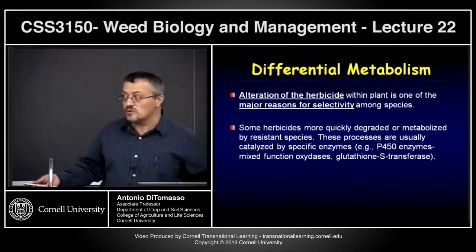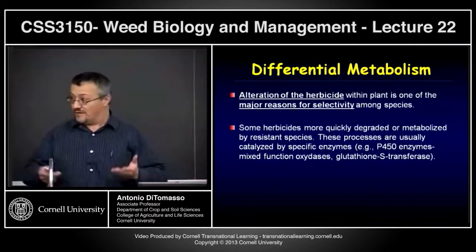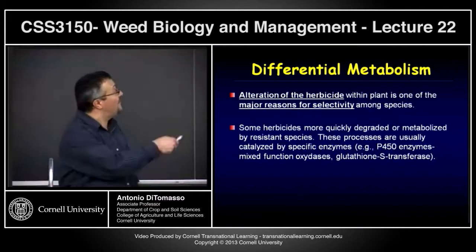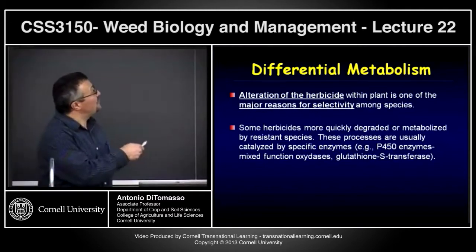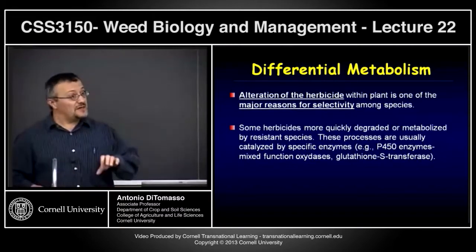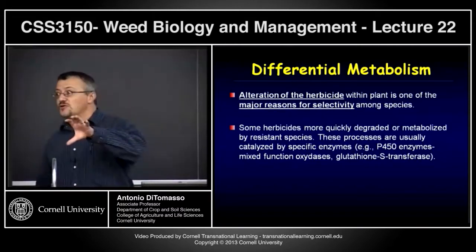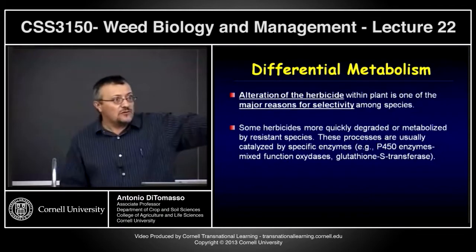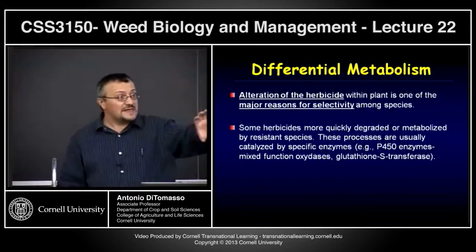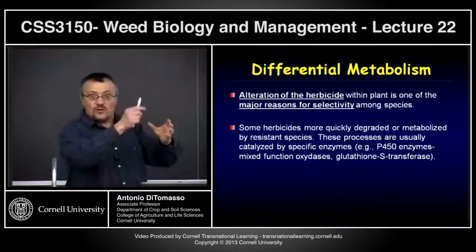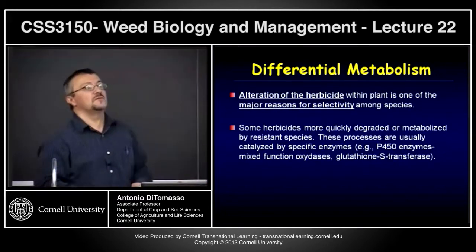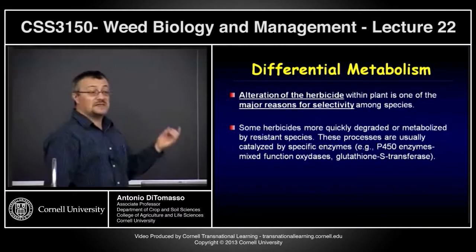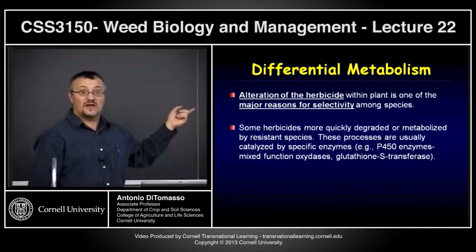The susceptible species obviously can't do that for whatever reason, whether it's selection or not, and they basically are killed. Okay? So it's really the alteration of the herbicide. It's not just taking it up, like linuron in carrots, and putting it in the vacuole and storing it away as soon as it gets in. These herbicides come in and right away there's detoxification going on in some of the resistant, or at least tolerant, species. And the example I'll cover is atrazine.